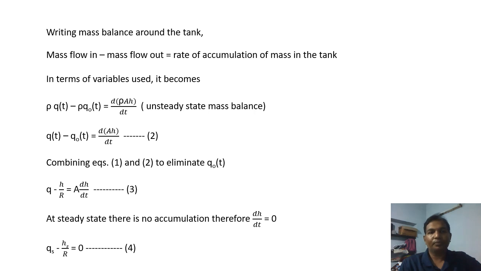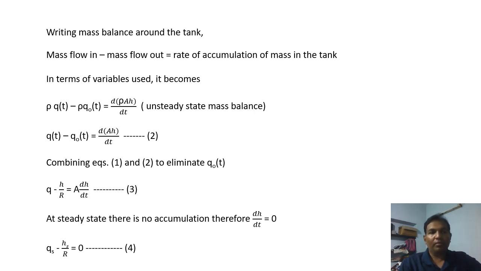And on the right side of the equation we have the rate of accumulation of mass in the tank. Since it is an unsteady state balance equation, the height of the liquid level is changing with respect to time. So dH by dt into rho into area of the tank, which gives you the complete equation.